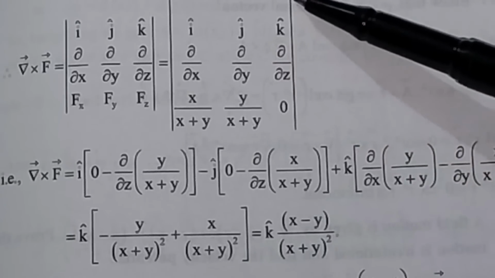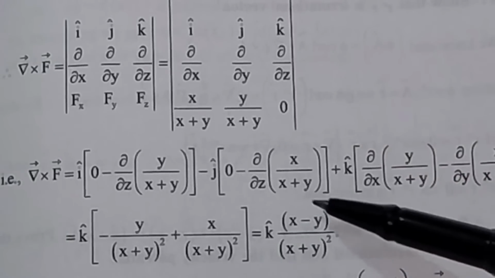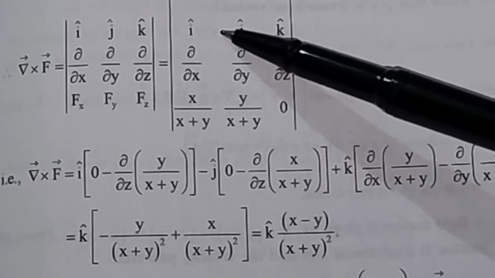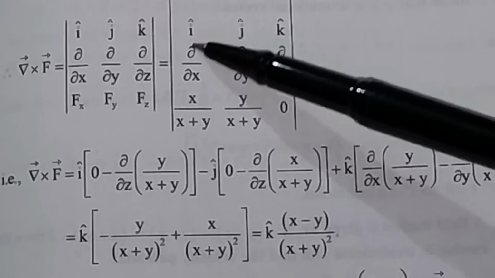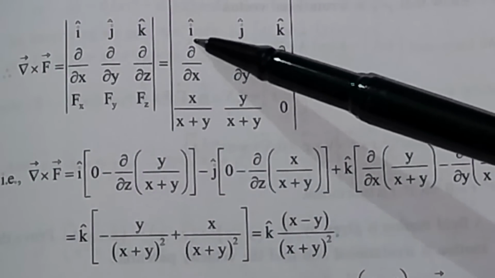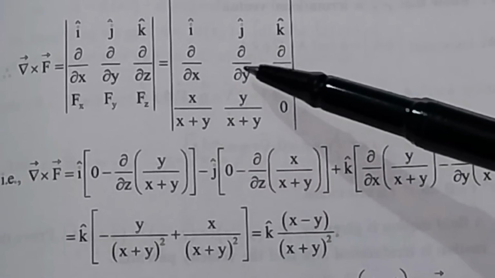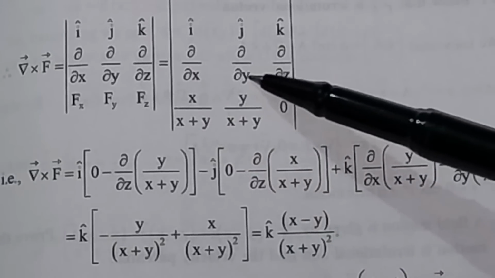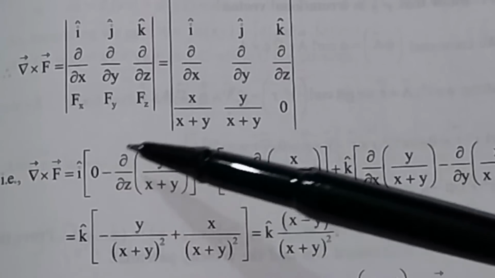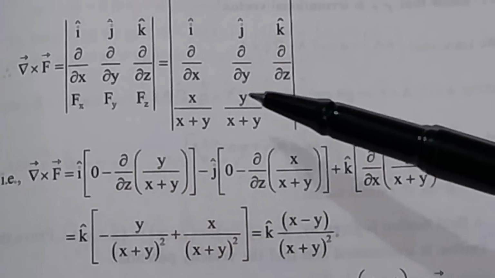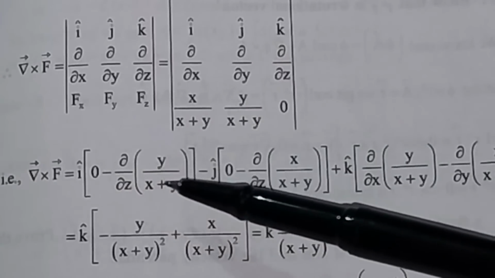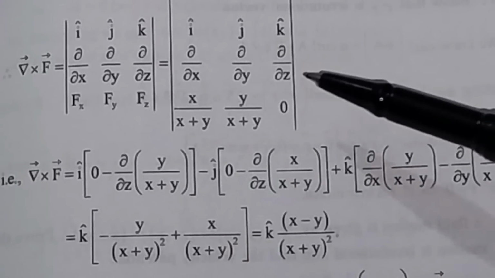So you find the determinant, and to find the determinant, as you know, for the i component, you leave this column and this row. So partial derivative of 0 with respect to y, that will be equal to 0, minus partial derivative of this quantity, that is y divided by (x + y), with respect to z.